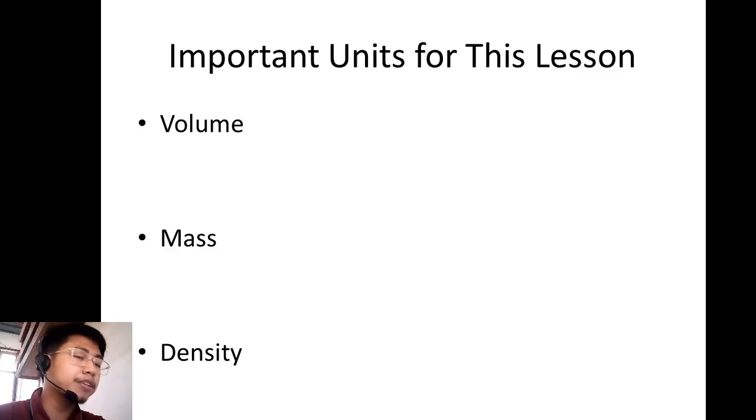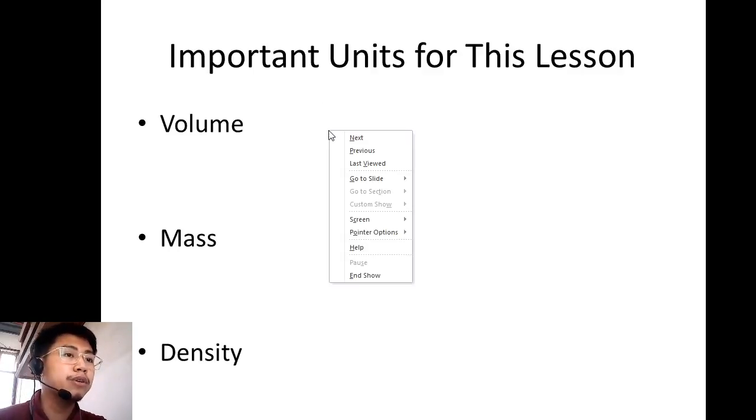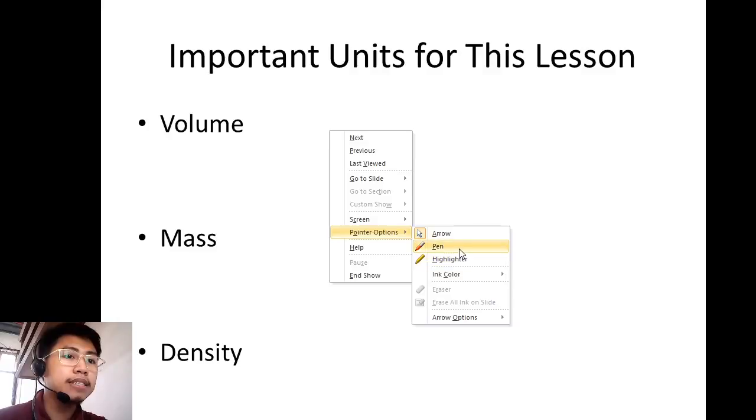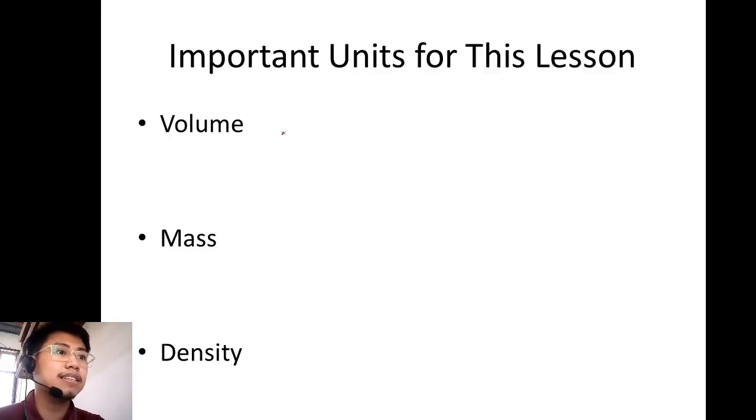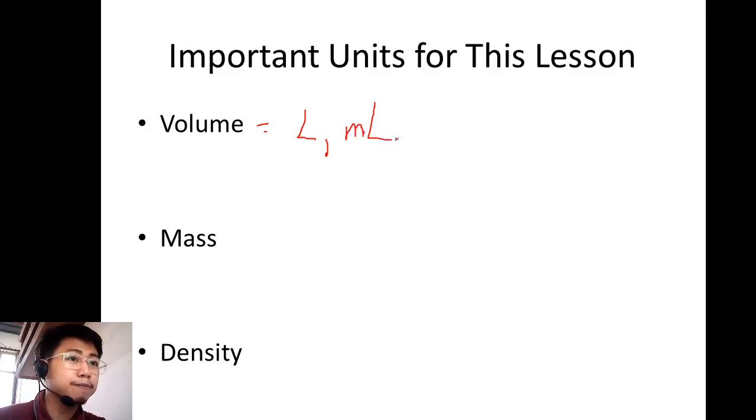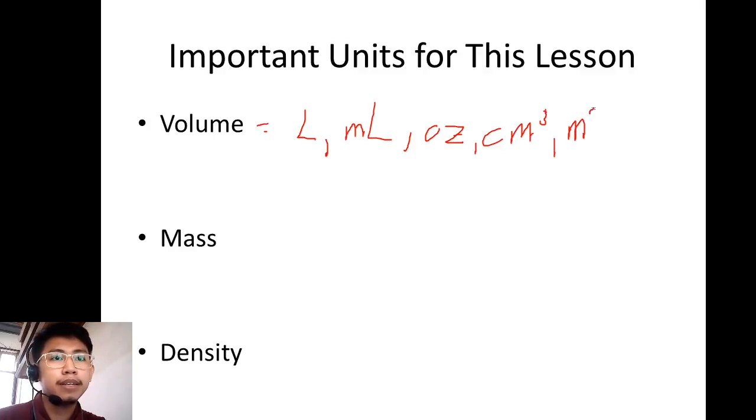Now, what are the important units in this lesson? We have volume, mass, and density. Volume has a unit of either liters, milliliters, ounce, cubic centimeter, and also cubic meter.